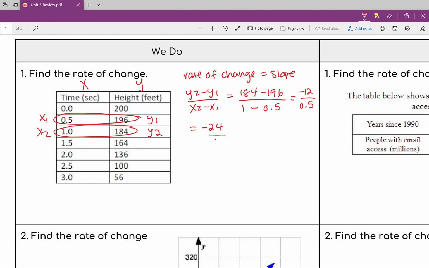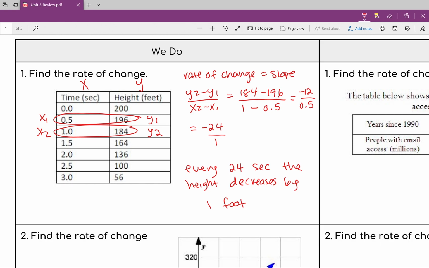Remember, this could be over 1. So this is every 24 seconds. The height decreases by 1 foot.